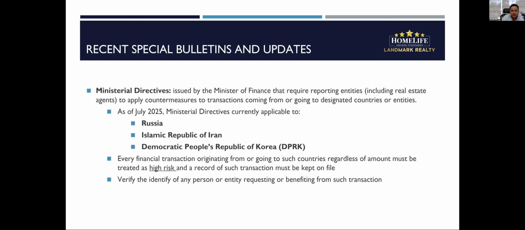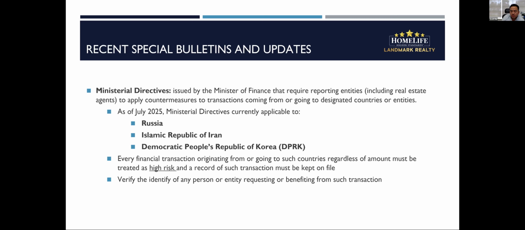As of right now, there's a ministerial directive applicable to Russia, the Islamic Republic of Iran, and North Korea, DPRK.